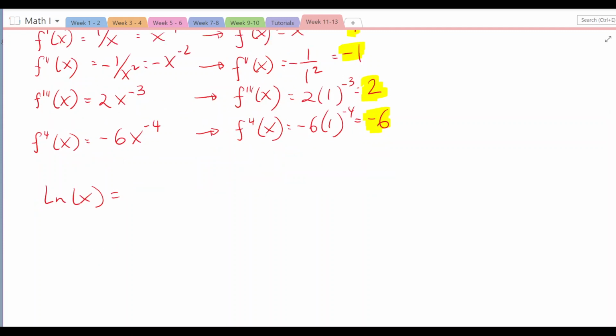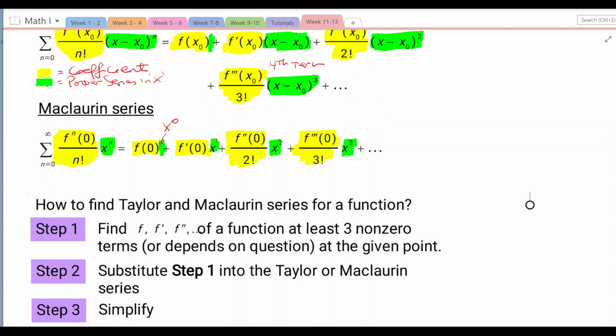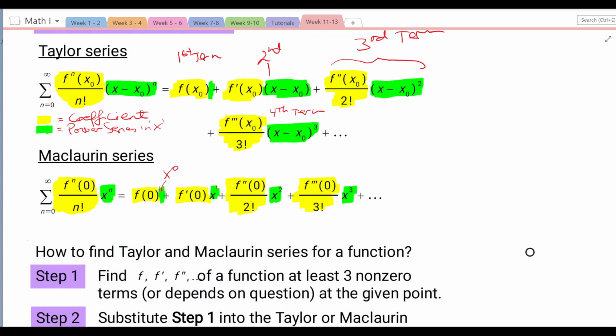This is the Taylor series. We are looking at the yellow part at x naught equals 1. What is the value of the function? What's the coefficient? The first term, and then the first derivative, the second, the third, and so on.